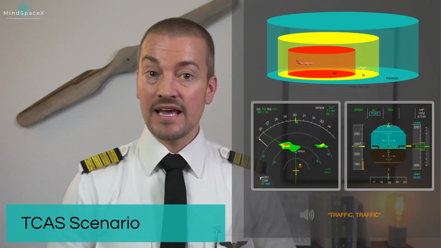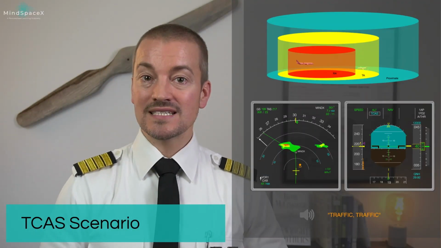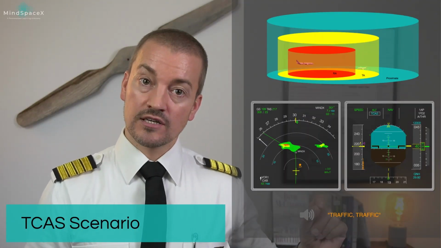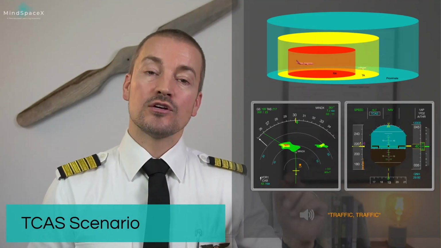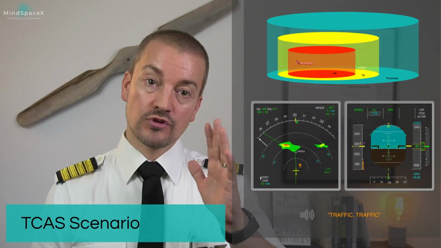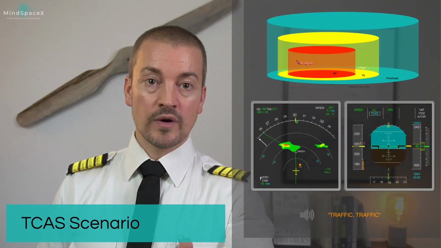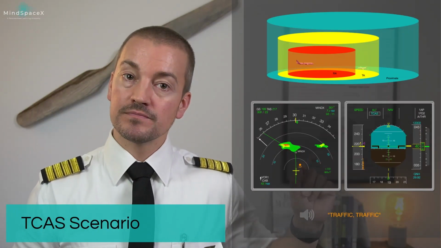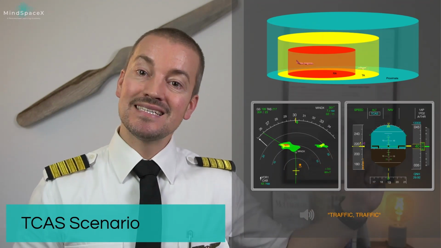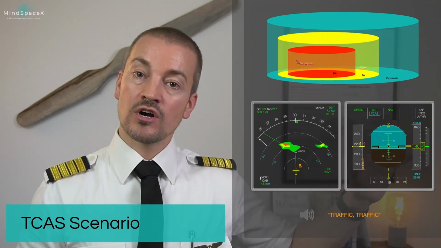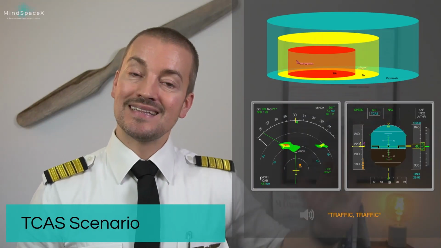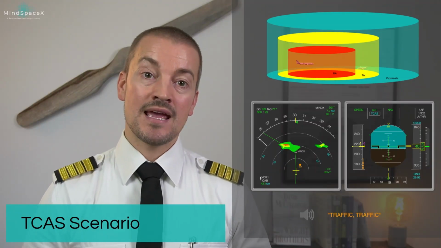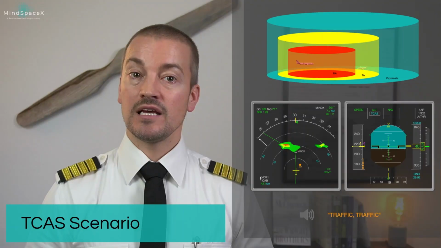It means the TAU is approximately 40 seconds at this point, and it will trigger an aural warning, "Traffic, traffic," that should draw the attention of the crew to the situation in front of them. Our symbol has turned amber, but there are still no actions for us other than to call out that the TCAS is now armed. As you can see on the FMA, the vertical mode is armed in blue.